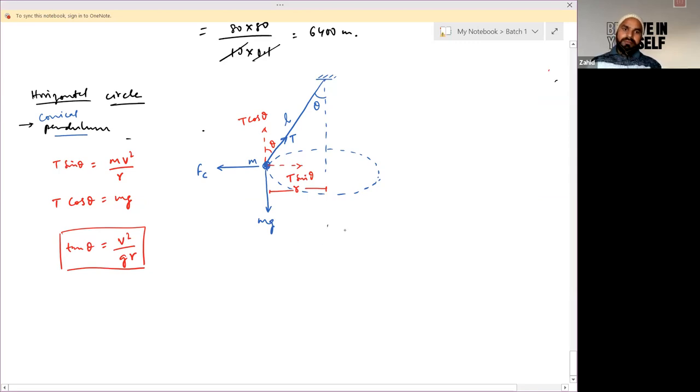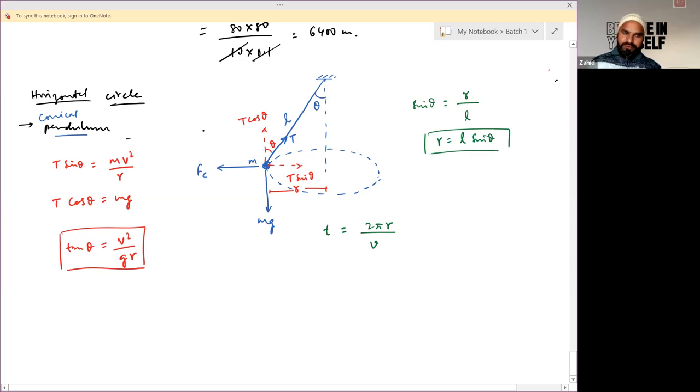So time period equals to total path length divided by its velocity. Using this triangle, you will say sin theta equals to perpendicular over hypotenuse, so it will be r over L. So r equals to L times sin theta.